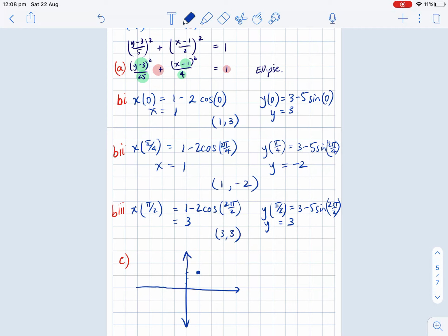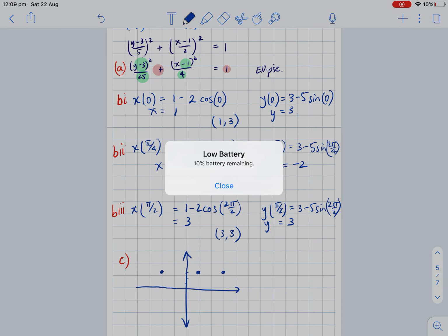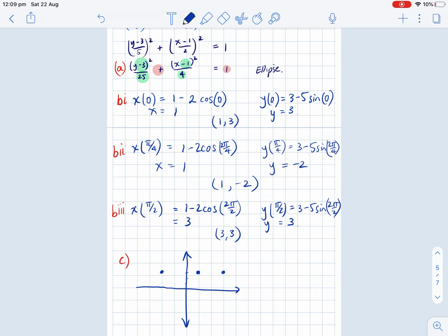So if that's 1, 1, 2, 1, 2, and then it goes up 3, how far does it have to go up? 5 places on the y-axis. So if that's 3, 1, 2, 3, 4, 5, roughly keeping my scale.